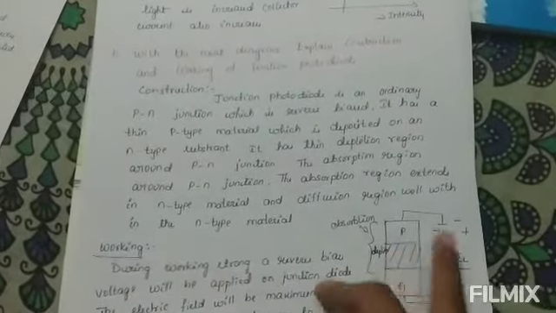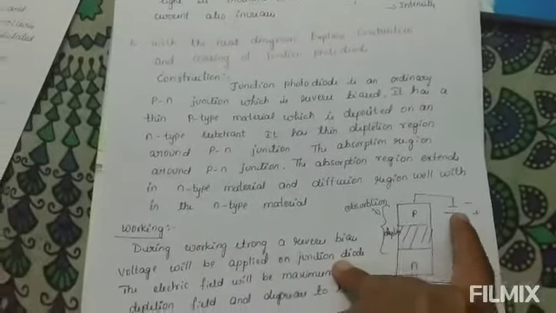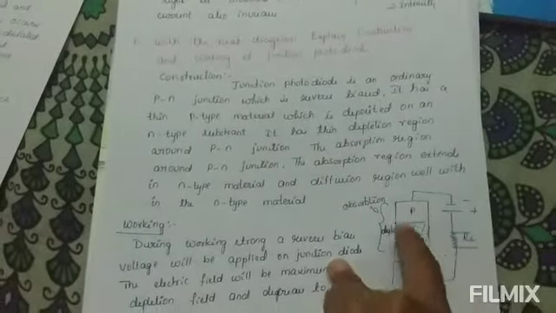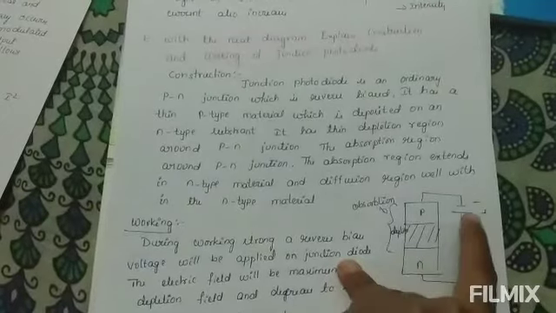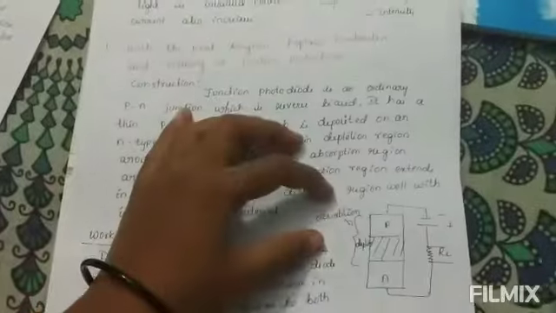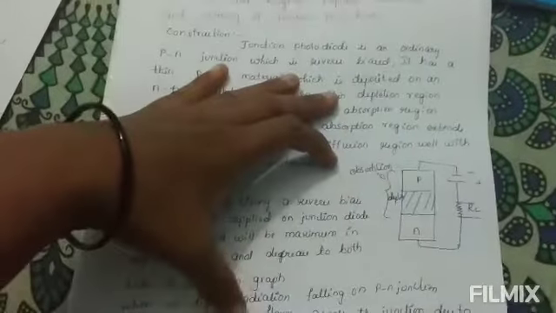Strong reverse bias: when you supply a strong reverse bias to the PN junction, this P type and the N type, if you supply more electric field to this PN junction, the depletion region will go on increasing.